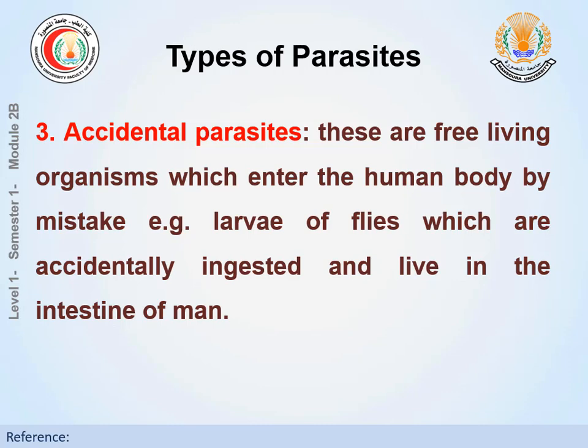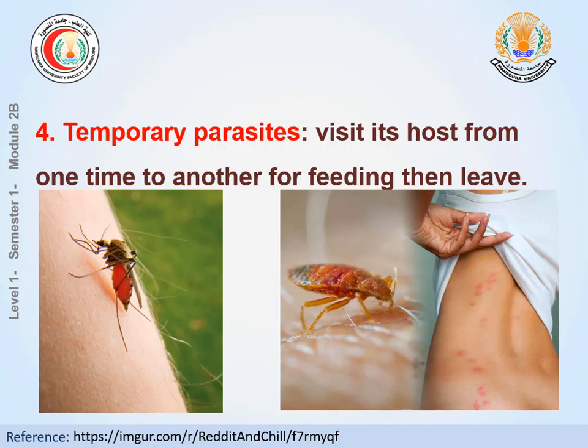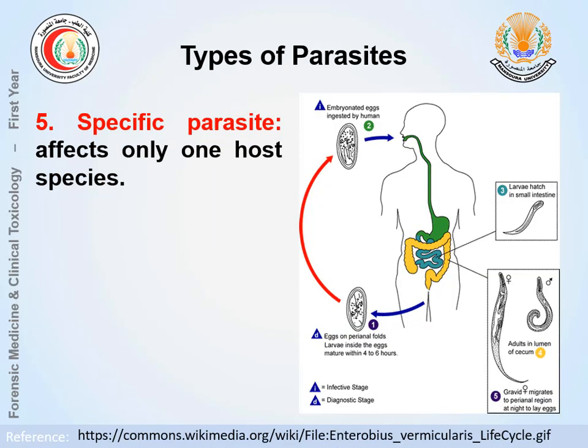The accidental parasites are entirely free-living organisms, but may enter the human body by mistake. See in here larvae of flies that are accidentally ingested and live in the intestine of man. The temporary, as mosquitoes just take a blood meal from the host then leave. The specific parasites have a limited host range.